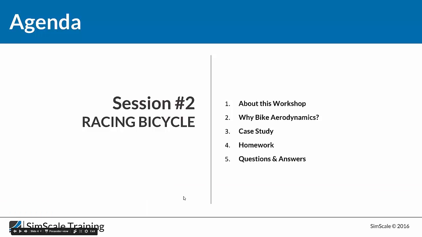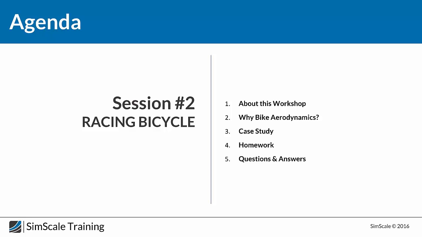Okay, great. Then let's take a look at today's agenda. Last week we talked about the impact of aerodynamics on ski jumping, and today we will focus on racing bicycles and talk about aerodynamics of racing bicycles and how optimized aerodynamic shapes can help to reduce the drag and improve the performance.